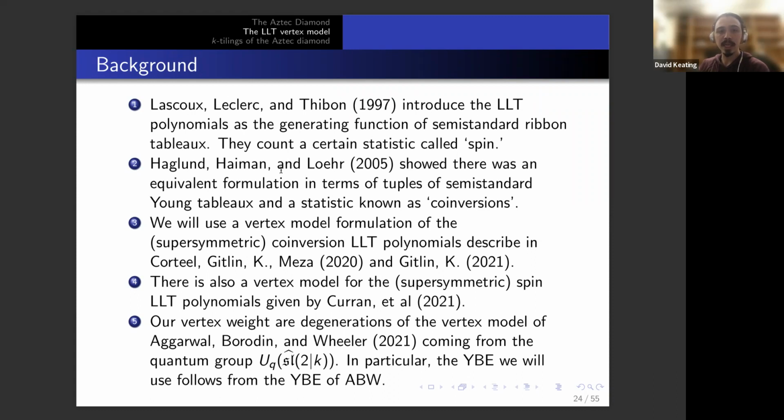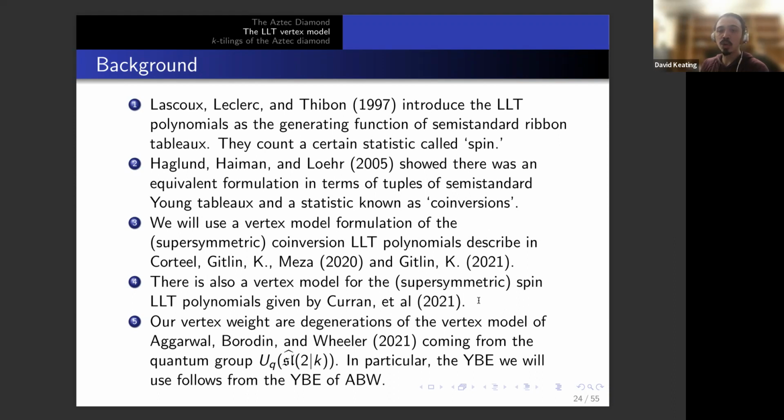But later, Haglund, Haiman, and Loehr showed that there was an equivalent formulation in terms of tuples of semi-standard Young tableaux, where you counted a statistic known as coinversions. So we are going to talk about these coinversion LLT polynomials. That's what we're interested in here. And our vertex model is a vertex model for these polynomials, which was some work done by myself and collaborators recently. But just to point out, there's also a vertex model for the spin LLT polynomials.